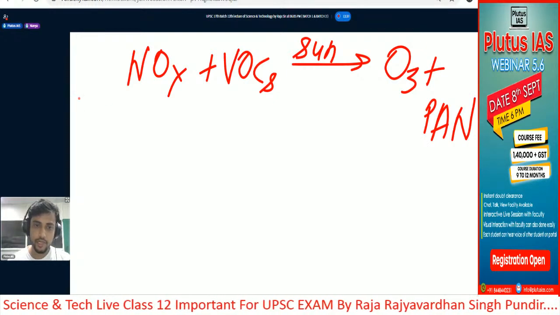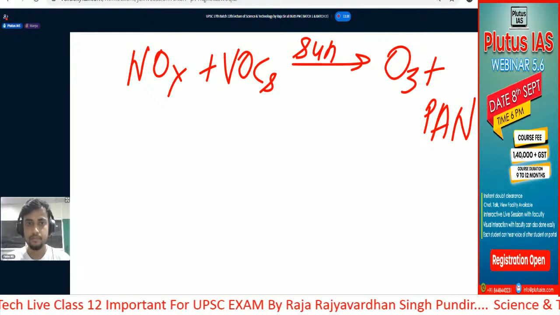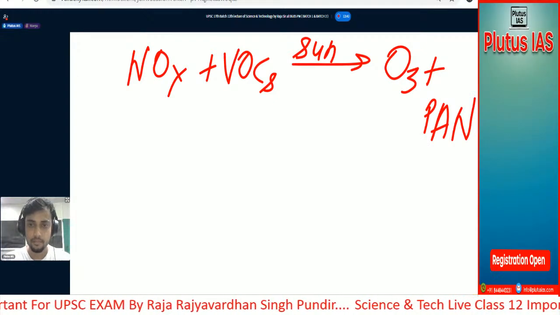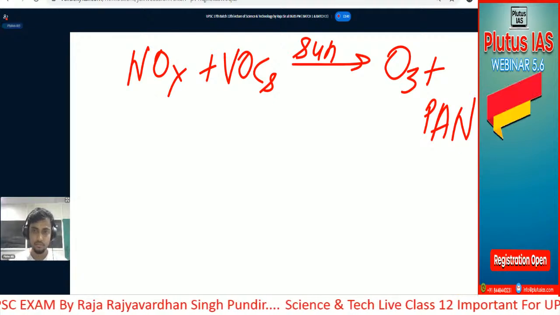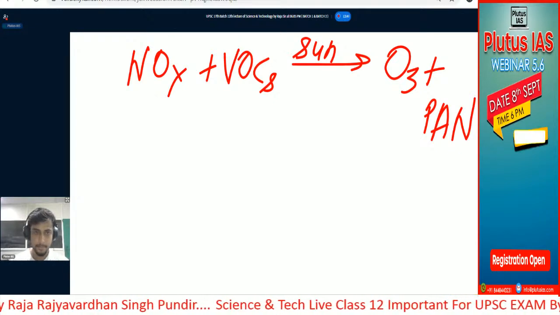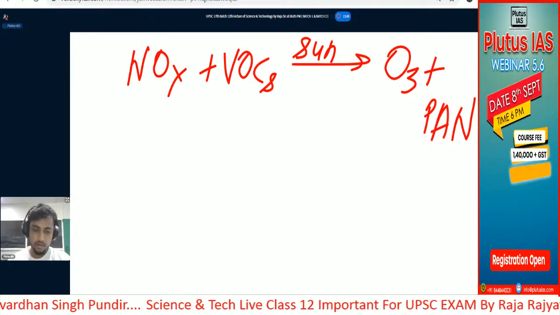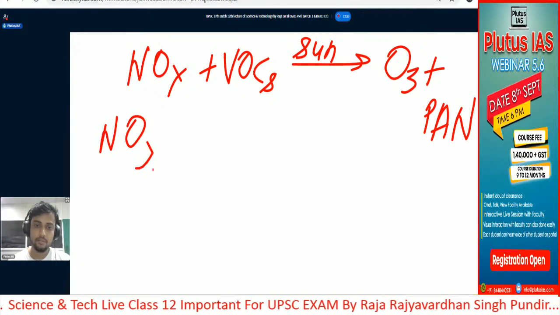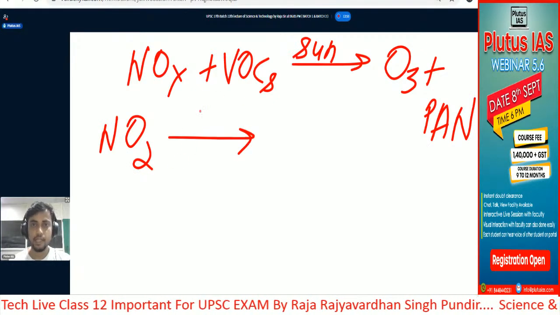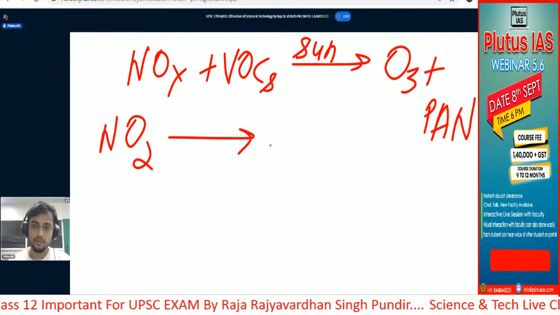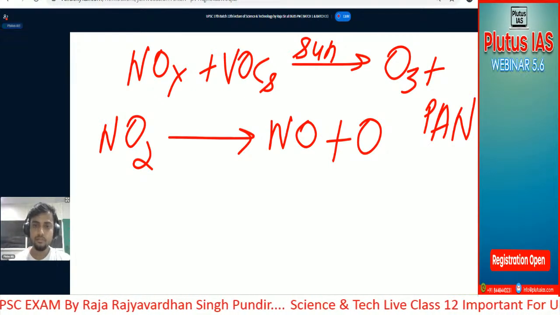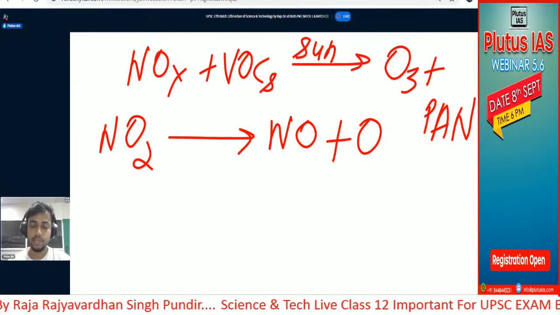Okay, the first reaction is, just Navya. So the first reaction is NO2, nitrogen dioxide. In the presence of sunlight, it breaks into nitric oxide plus a single oxygen atom.